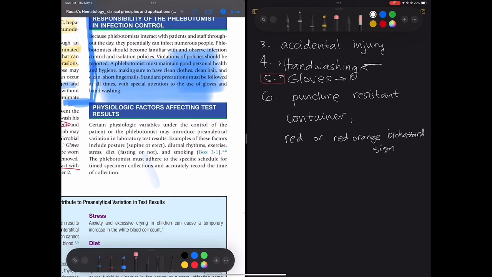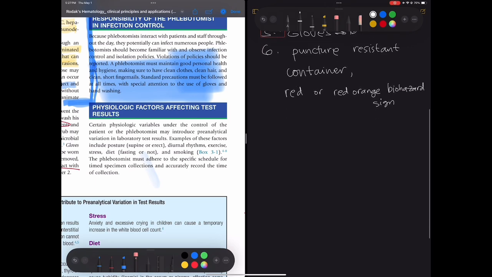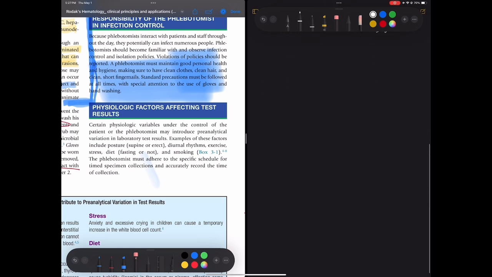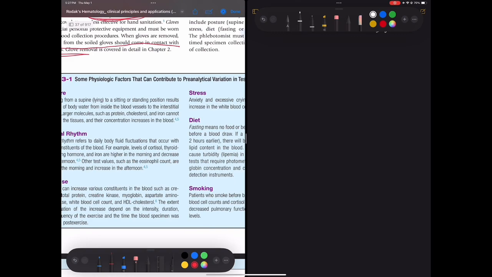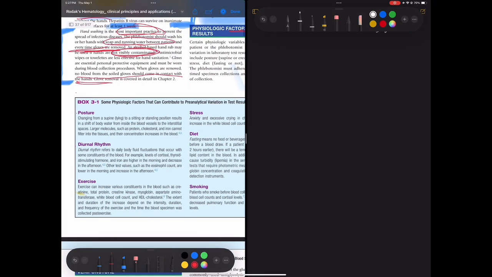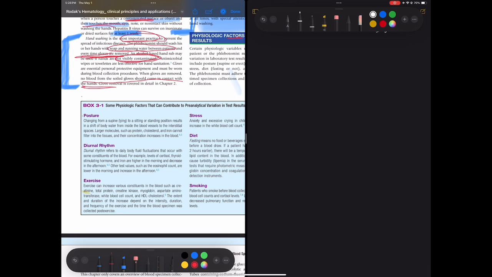Now, to proceed, we have the physiologic factors affecting test results. A phlebotomist must know these factors because there are special timing and positions where the test results may vary with the clinical diagnosis.